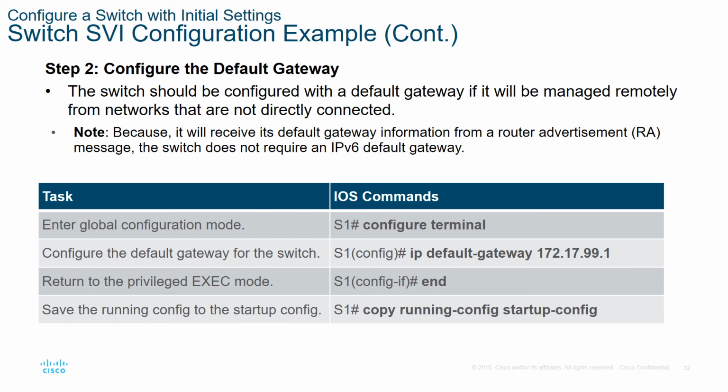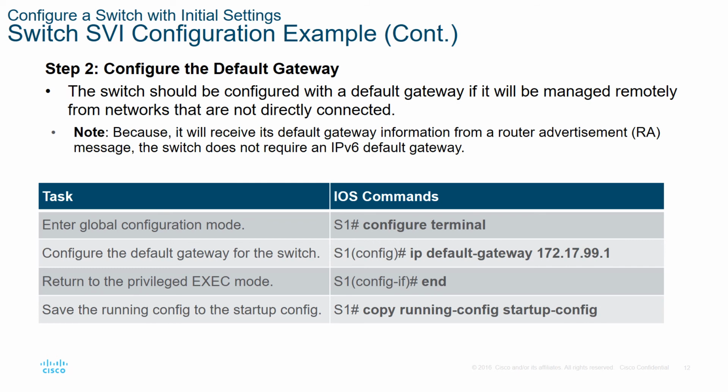Right? So now first go to the switch. Now you are in the privilege exec mode. S1# represents the privilege exec mode. Execute the command configure terminal to reach the global configuration mode. Once you reach the global configuration mode, you have to configure the default gateway.